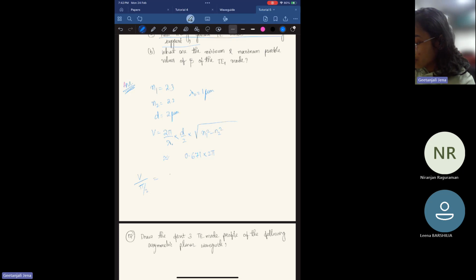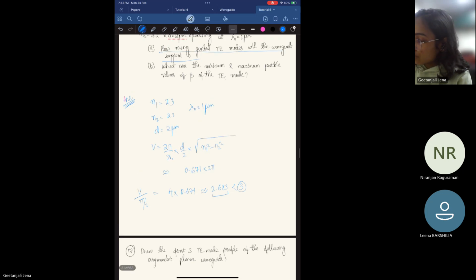This will give 4 times 0.671, which is 2.683. This number is less than the integer 3, so that means we will have a total of 3 TE modes. 2 will be symmetric, 1 will be antisymmetric. So the first part is 3.